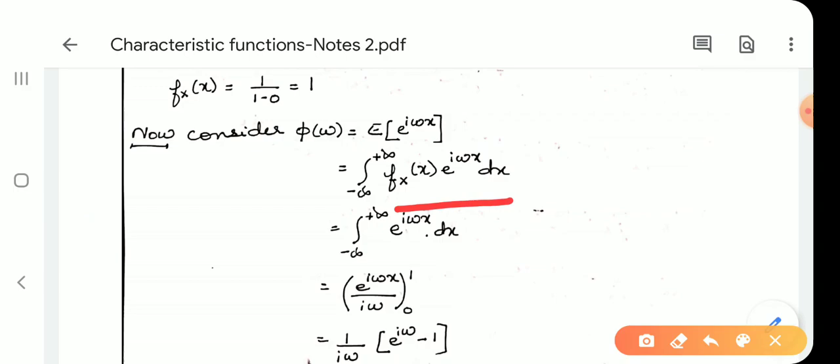Here we have already seen the value of f x of x is 1. So when we put the value 1, we get phi of omega is equal to integral of e to the power I omega x.